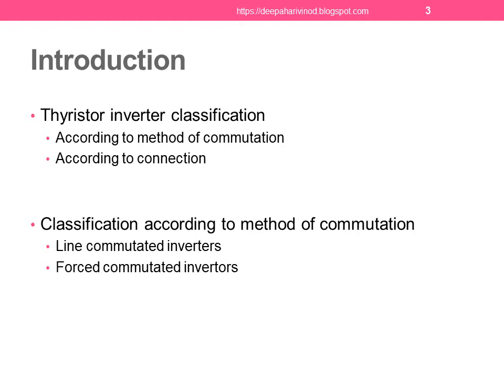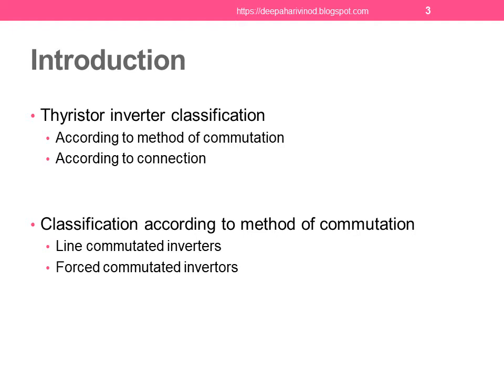In line commutated inverters, in an AC circuit, AC line voltage is available across the device. When current in the SCR goes through zero, the SCR turns off.